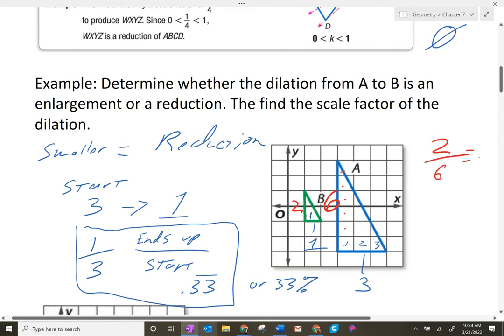If I did 2 divided by 6, my answer is 0.33. Again, I can choose either one, but whenever I set up my fraction, just to simplify it, it will be that it ends up over what it starts as. You know it was a reduction, so it had to be smaller than 1.